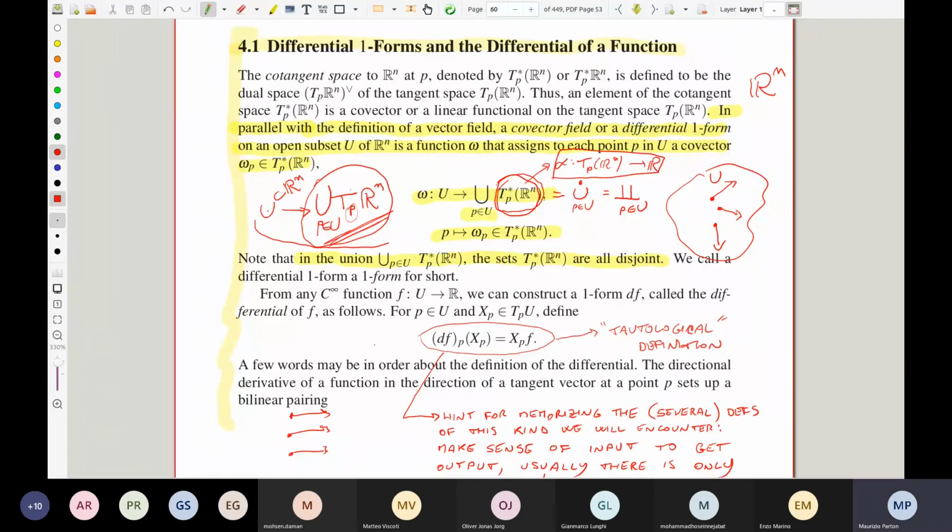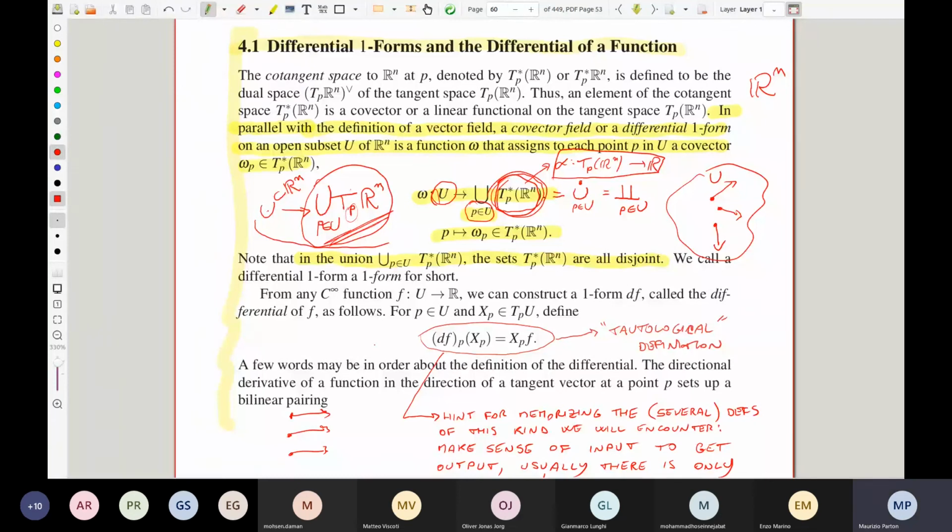And as before, I can take for every point in an open set, one of these vectors in one of these cotangent spaces. You see, I just have to add the two letters co to the previous sentences. And in this way, I obtain not a vector field, but a co-vector field, if you like the terminology, okay? I don't like co-vector field. Could we call it in another way?